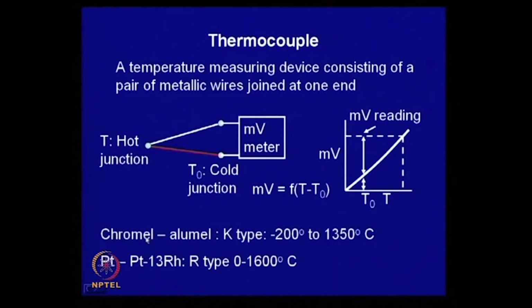Alumel is also nickel with a little bit of aluminum, and this is used over quite a wide range of temperature. And if you want to go to a higher temperature, platinum with 13% rhodium is commonly used. Between the two, this one is more linear.